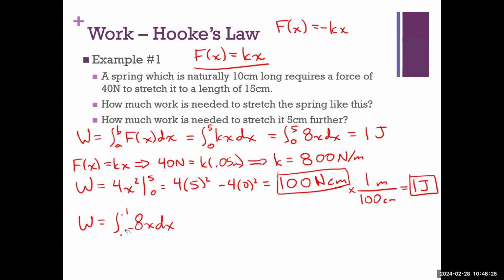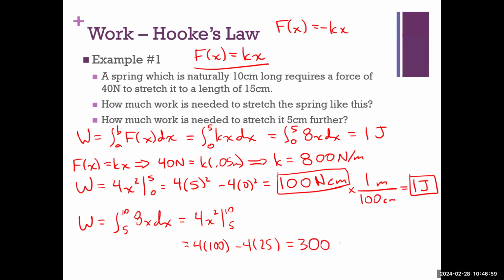Let's just stay with what we did, knowing that we have a way to convert this to joules at the end. So integrating from 5 to 10 of 8x dx, the antiderivative will be exactly what it was, 4x squared from 5 to 10. So I get 4 times 100 minus 4 times 25. That comes out to be 300 Newton centimeters, or how many joules? 3 joules.